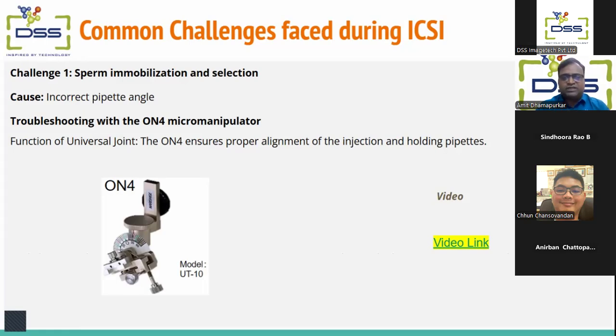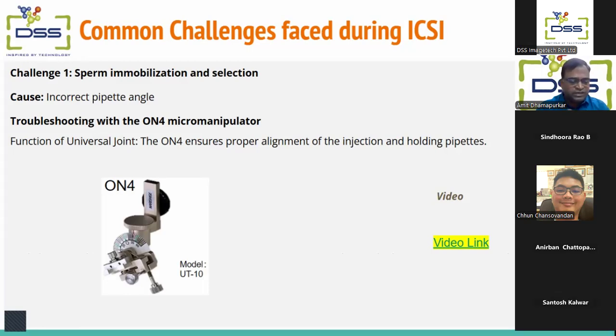To overcome this challenge, we have introduced an adapter for the ON4 called the UT10. With a single use of the UT10, you can adjust the angle from 30 degrees to 45 degrees.